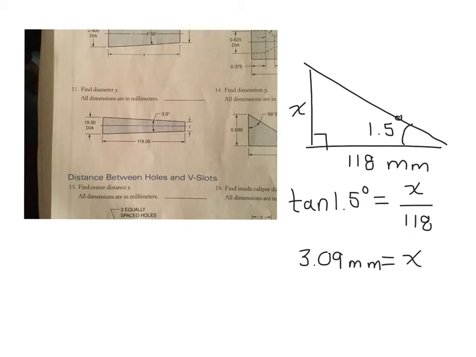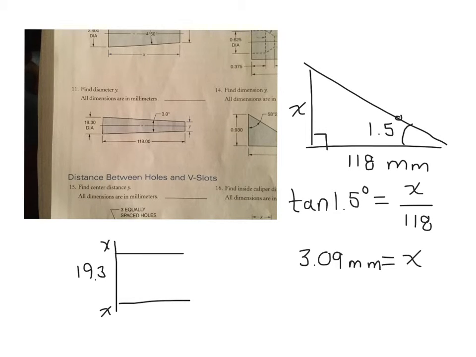Okay, so then what we basically know is that here we have the widest part of the taper is 19.3. We know x is this distance here, but it's also this distance here.